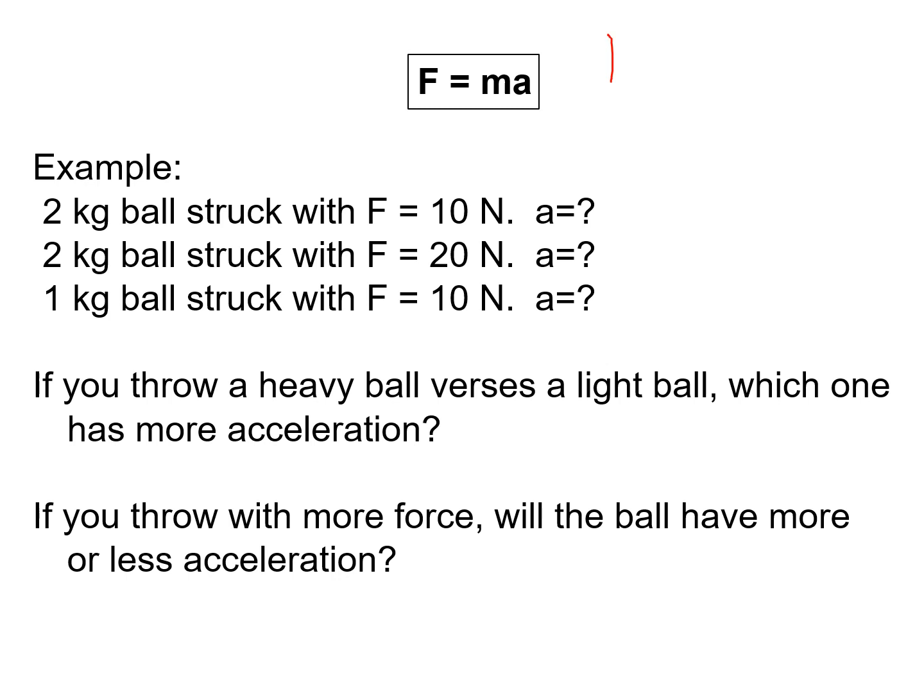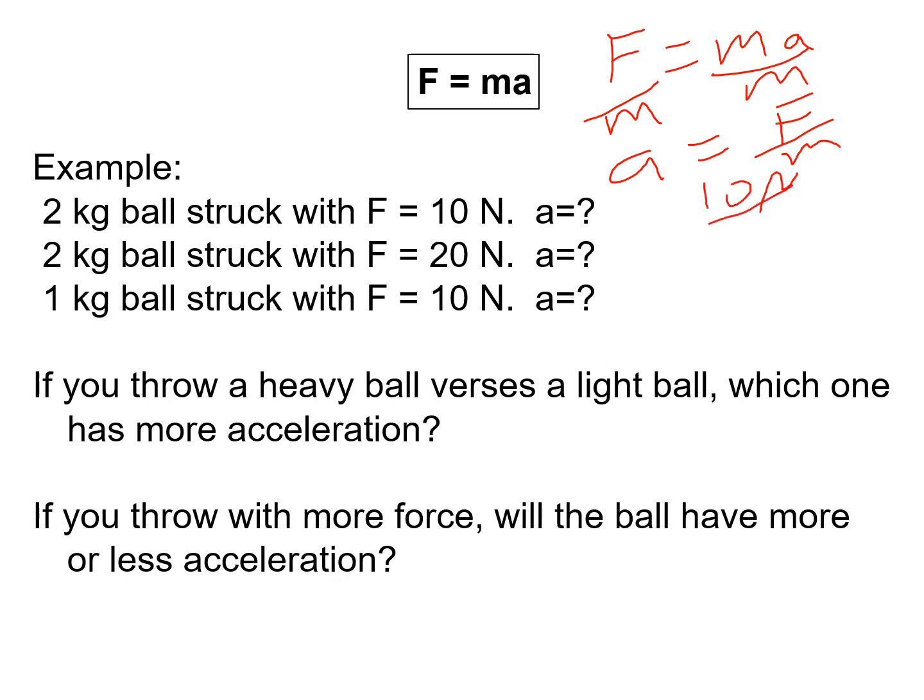So if we're trying to calculate acceleration, we simply divide both sides by mass. So acceleration equals force divided by mass. We have our force here is 10 newtons divided by 2 kilograms. So we're going to have an acceleration of 5 meters per second squared.